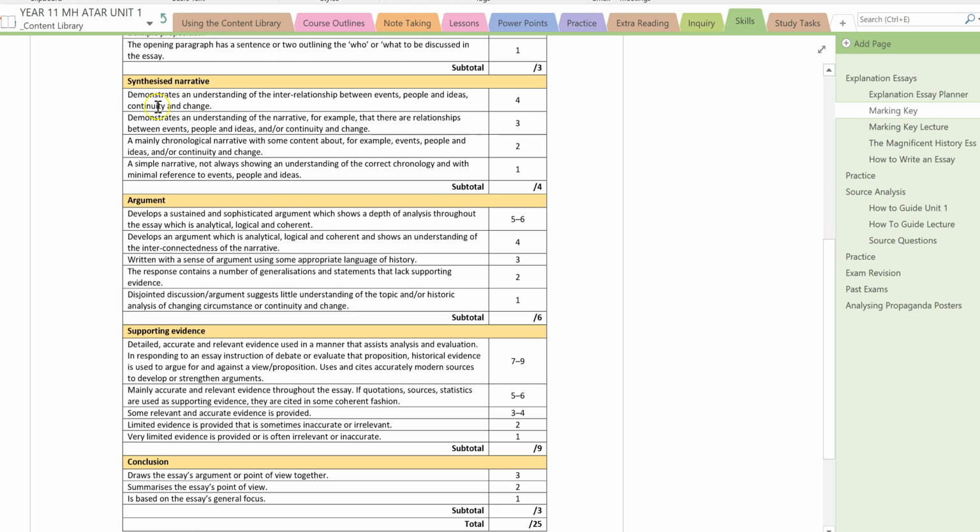So if I can see that understanding within your essay, then you can also get a 4 mark there. If it's just simple, that you're not really understanding how events and key people come together and also how they might unfold, even in that sort of date order, then you're only going to get 1.